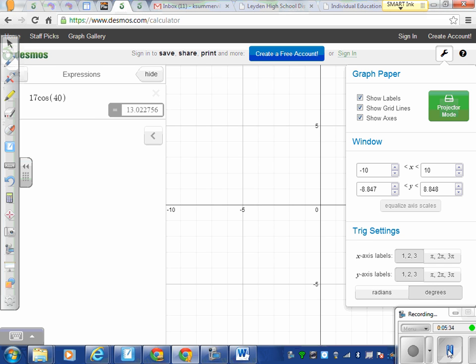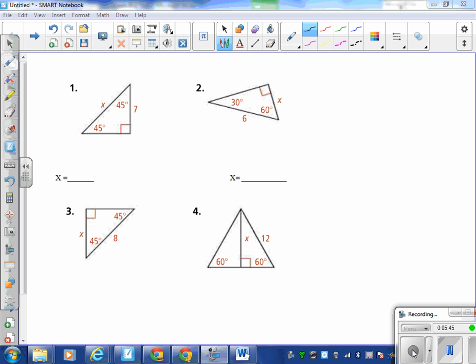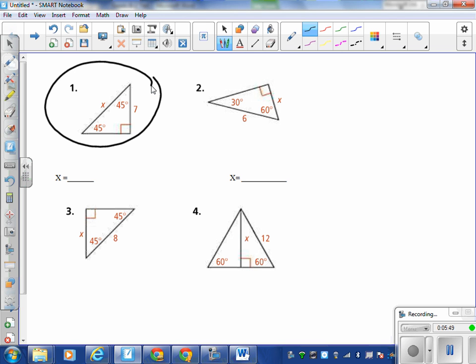Now we're going to take a look at our test we took last week, and you can see how you did. You can check online to see your grade and see what you did, and I'll show you the answers right now. Okay. So looking at the first problem on your test, this triangle is a 45, 45, 90, right? So what do we know about a 45, 45, 90 triangle?